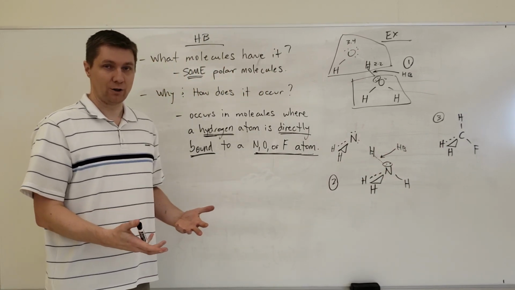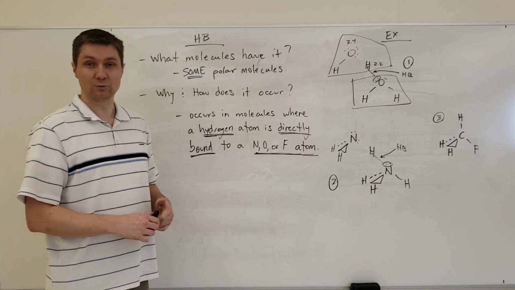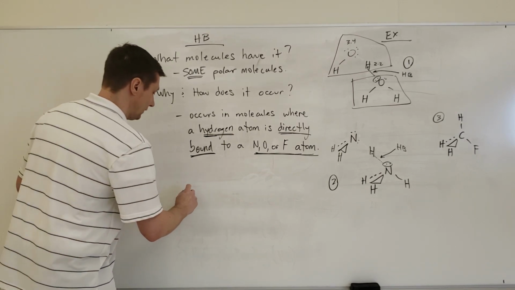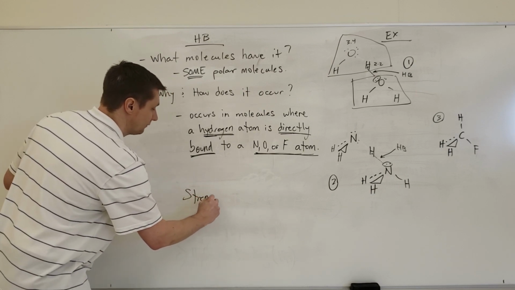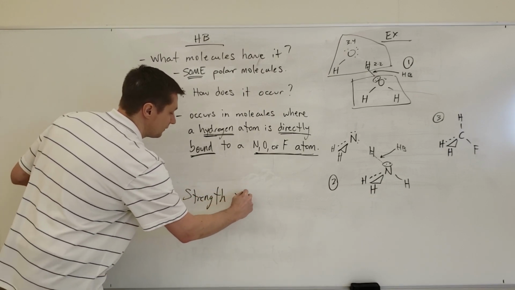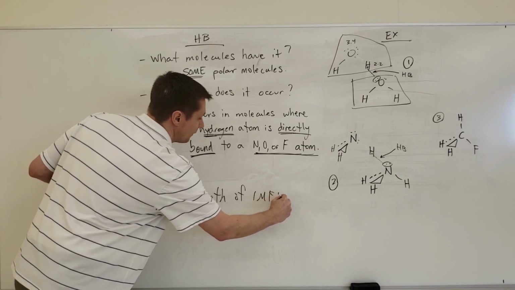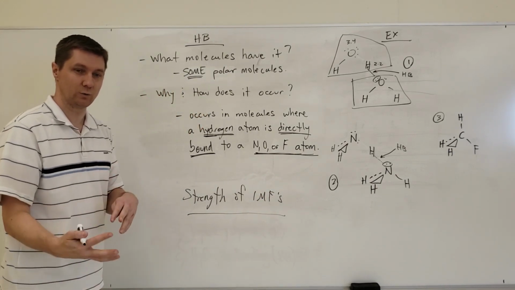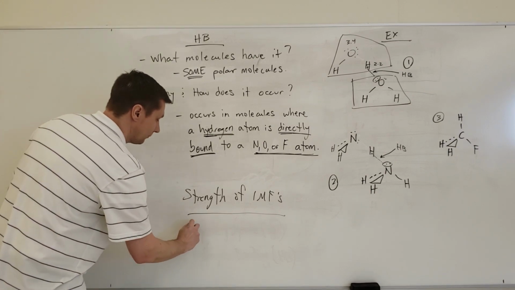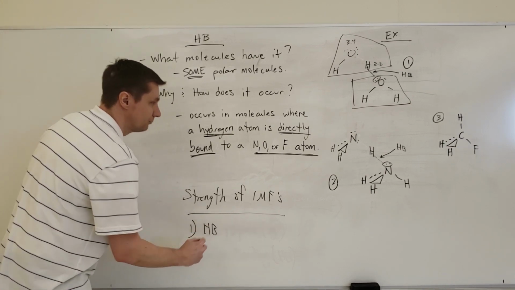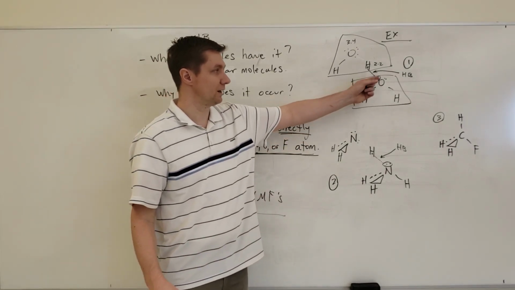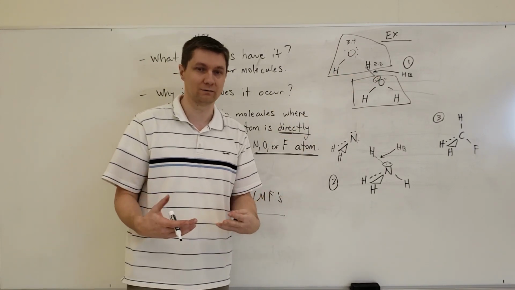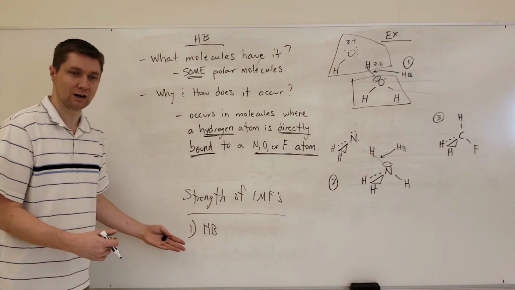Now that we've talked about all three of these, we can compare the strength of these three. If I were to rank the strength of IMFs from strongest to weakest, I would rank number one, hydrogen bonding. The reason why is because I've got things that are fully negative interacting with things that are fully positive, and so that's the strongest out of the three.